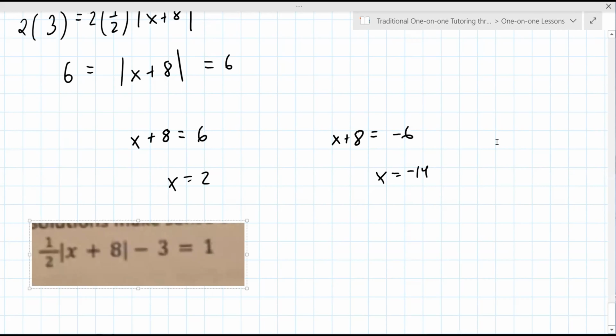Solve that for x, please. Okay, I got it.